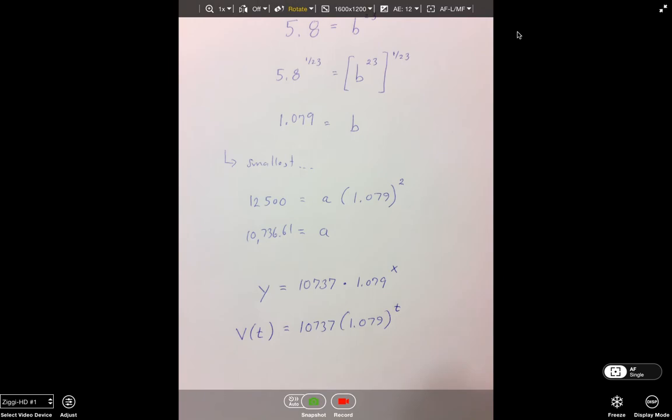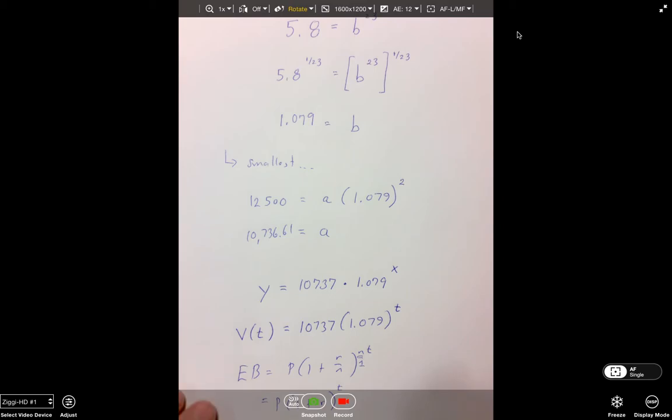Now, if we go back to the original, ending balance was P times 1 plus r over n raised to the nt power, what we've assumed here is that our money was invested one time per year. So this is going to be P times 1 plus our rate raised to the t power.